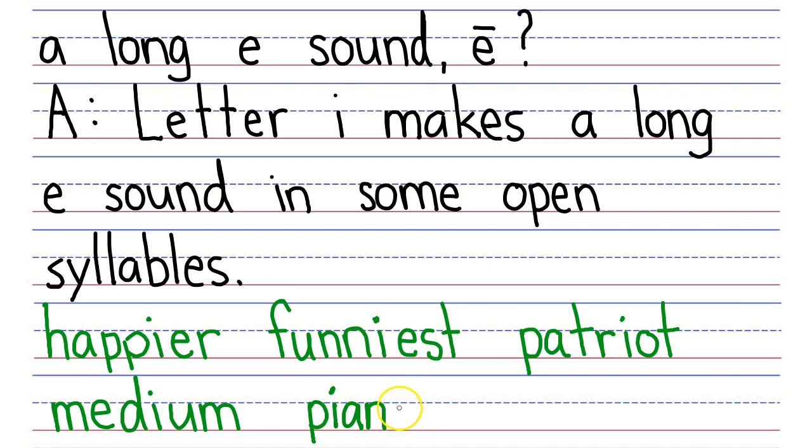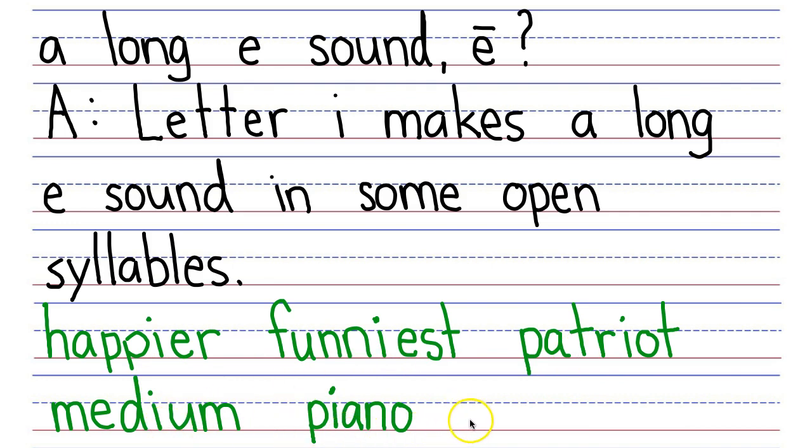And last syllable, O. So the O stands all by itself in an open syllable where it's making its long O sound, O. P-E-A-N-O, piano. So there you have it, 5 words where the letter I makes a long E sound. Happier, funniest, patriot, medium, piano.